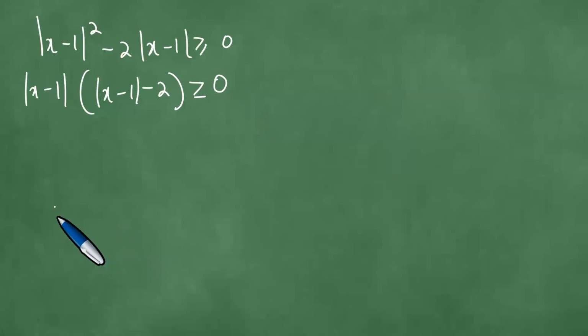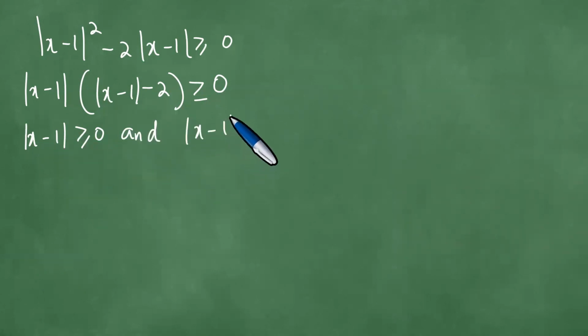Close the bracket, greater or equal to 0, like this. What is this? Well, because the product of these two is greater or equal to 0, it means a couple of things. We already know that the modulus of x minus 1 is greater or equal to 0. So what we require is that the other factor, the modulus of x minus 1 minus 2, is also greater or equal to 0, so that their product is indeed greater or equal to 0.